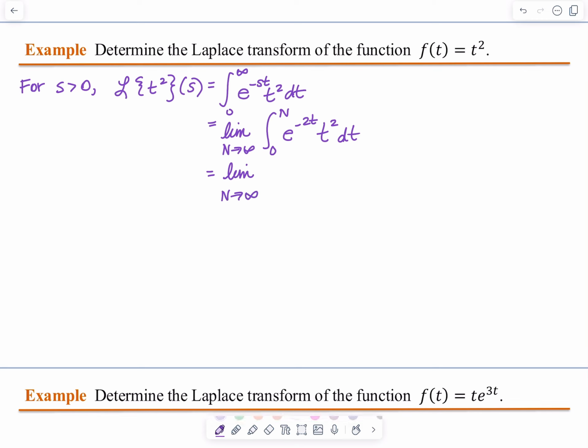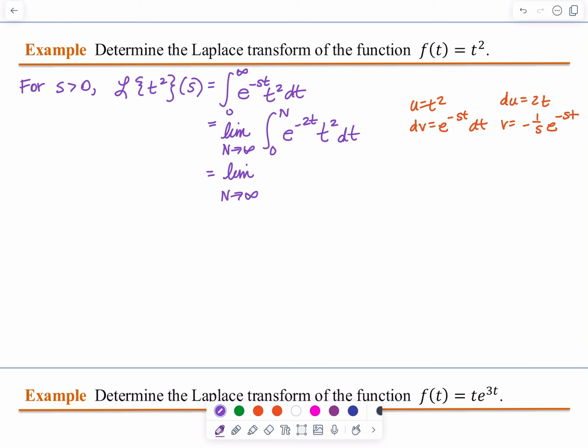And here we'll have integration by parts. So we will let u equal t squared and dv equal e to the negative st dt. du is 2t dt, and v is equal to negative 1 over s e to the negative st.